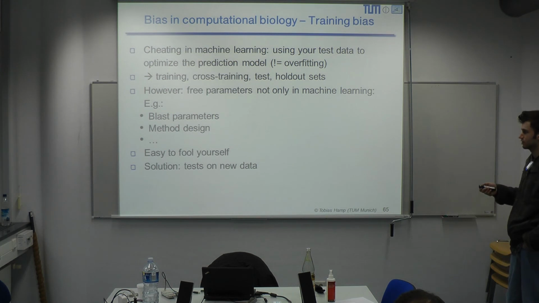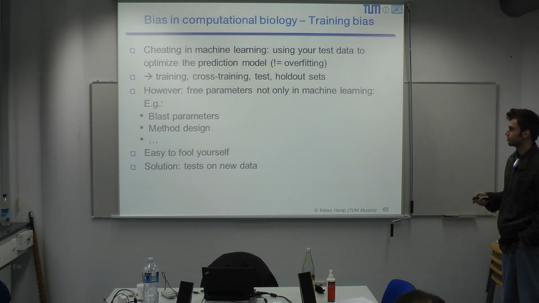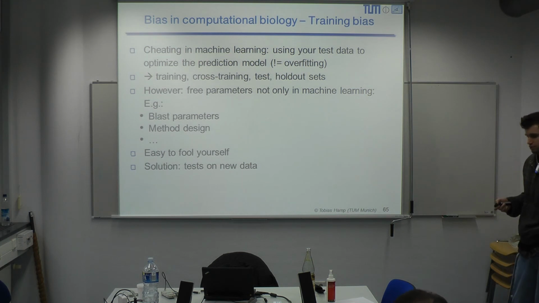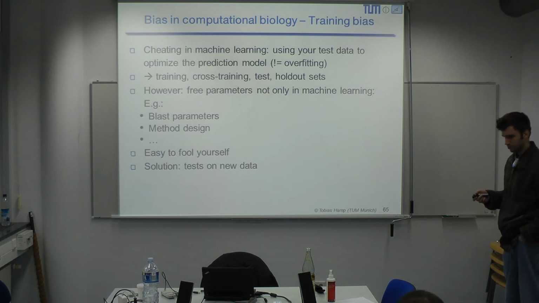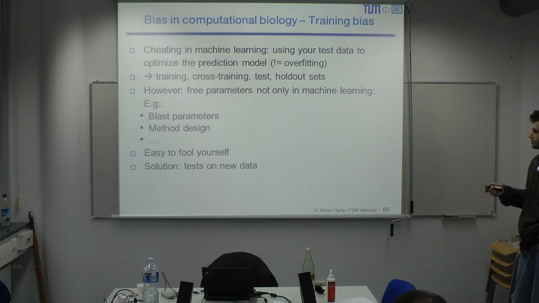At such a point, overfitting has occurred, but you can also cheat by optimizing free parameters, not explicitly on the test data, but also implicitly by repeatedly checking what way of training works best on your test data.